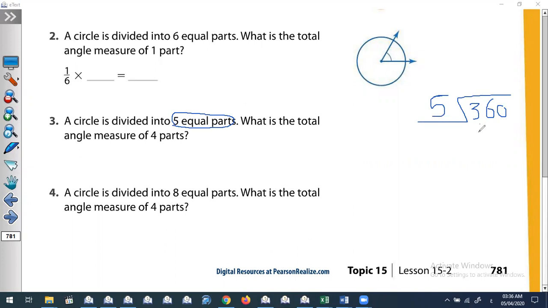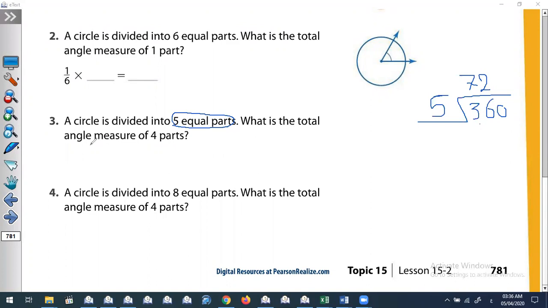Who can remember 360 divided by 5? Yes, excellent. The answer is 72. We already found it by using long division. So each part is 72.